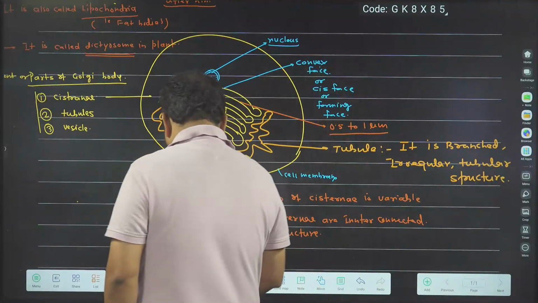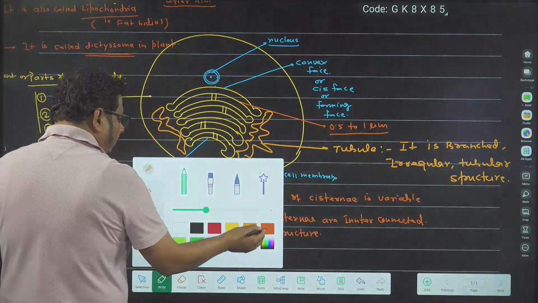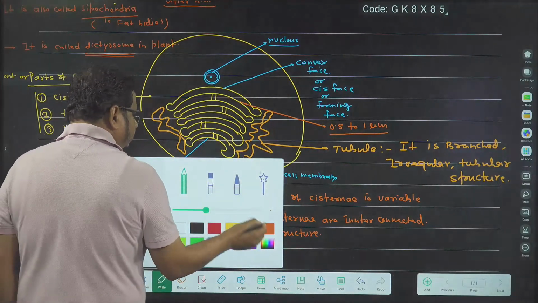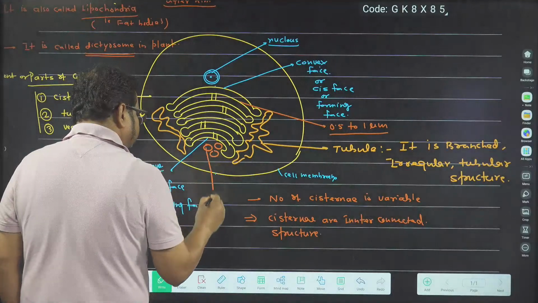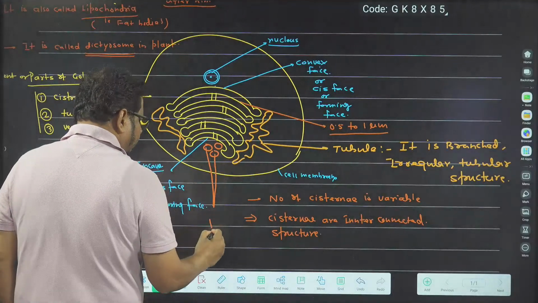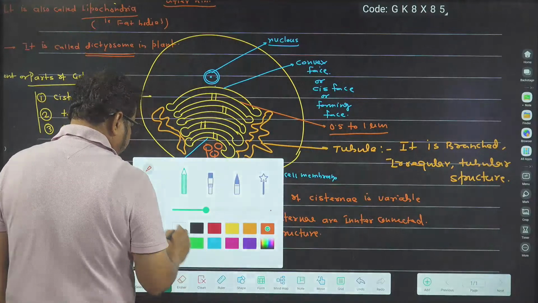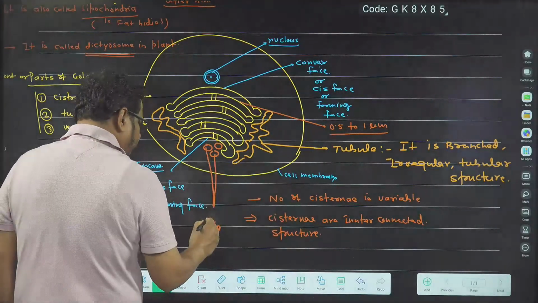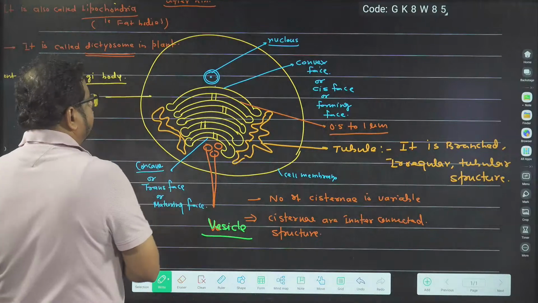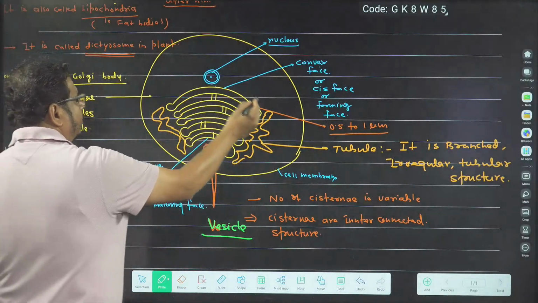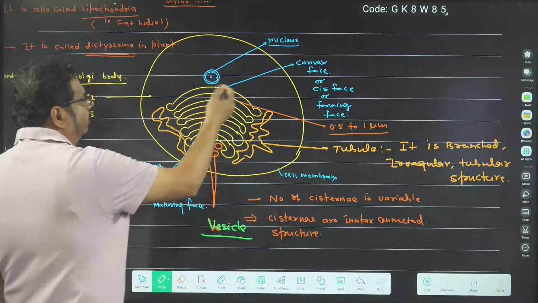And another one is vesicle. All three components I made here. So overall, these structures are called what?